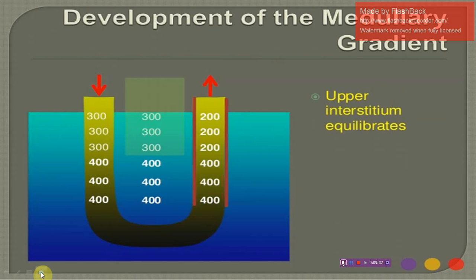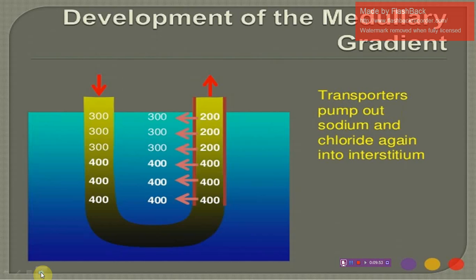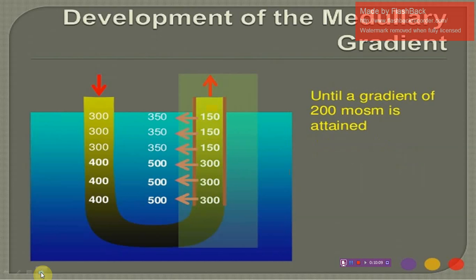And now we see that the 400 milliosmol per liter fluid is going through the ascending limb of loop of Henle, and again the solutes are coming from the ascending limb and the transporter pumps out sodium and chloride again into the interstitium until a gradient of 200 milliosmol is attained.